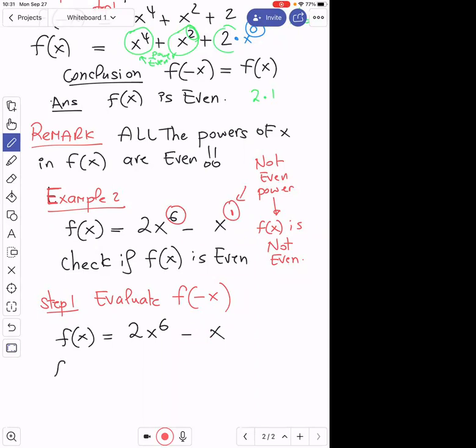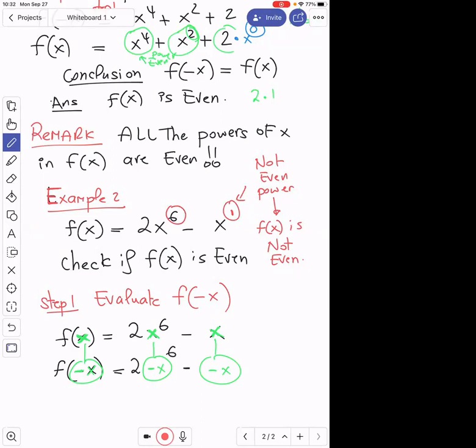Now I want to compute f of minus x. Just substitute x with minus x. There's an x here and an x here, so each x becomes minus x, inside the circles. What's left is the coefficient 2 and the exponent 6, and the minus.